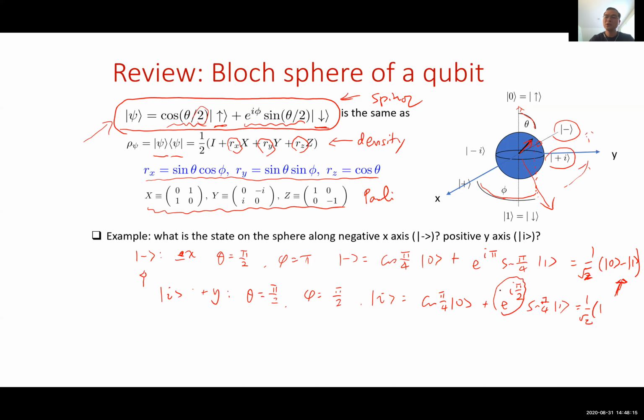So this is e to the i pi over 2, which is just the i. So that's why I use the i to represent that. And you may also try yourself the negative y. Phi is pi over 2, add another pi, right? Another pi angle. So you will get minus i. Okay, that's the Bloch sphere.